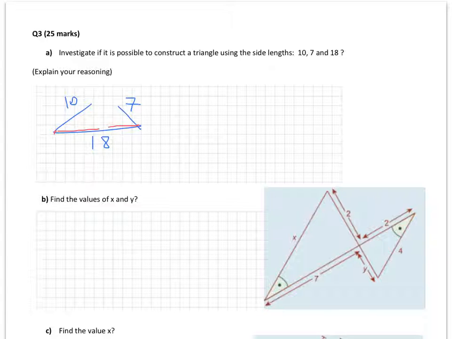So, to explain whether it is possible to construct a triangle, you simply need to point out that the sum of the two shorter sides needs to be greater than the length of the longest side. The theorem description is: no side will be longer than the sum of the other two sides.